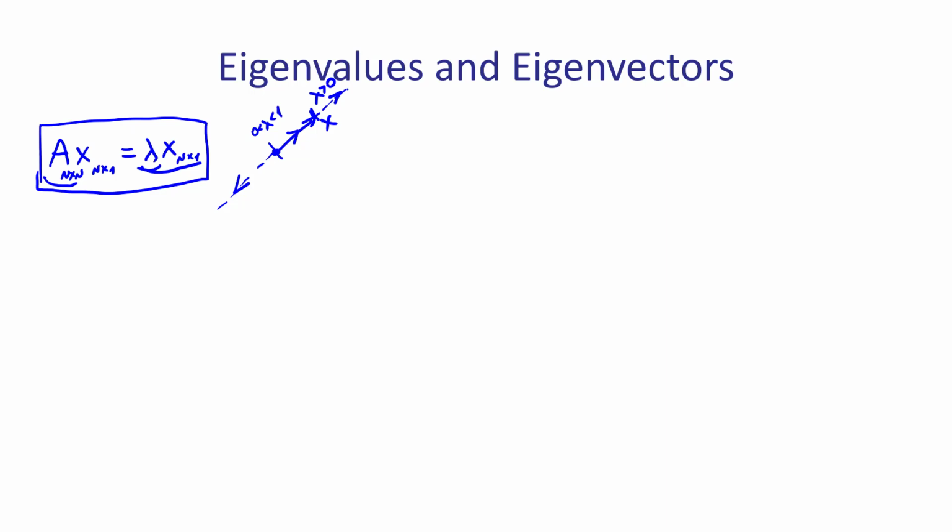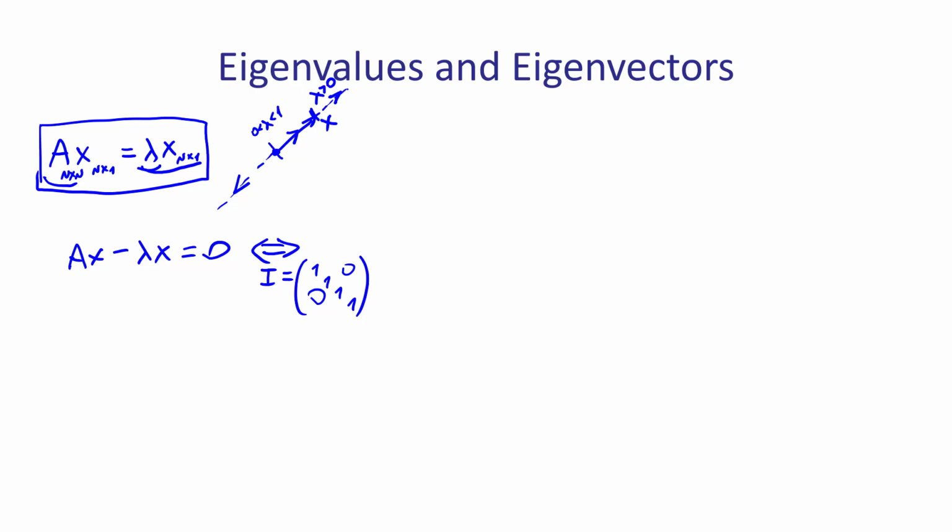So we want to rewrite it a little bit, and we will get something like that: Ax minus lambda x equals 0. Now, we know that we can multiply any vector or any matrix by the identity matrix I, which is the diagonal matrix of 1s with everything else 0, and it will not change the matrix or the vector.